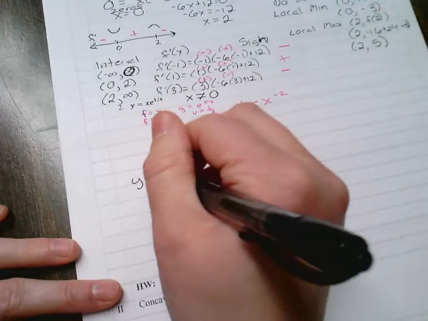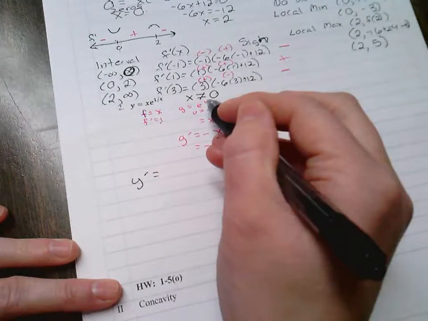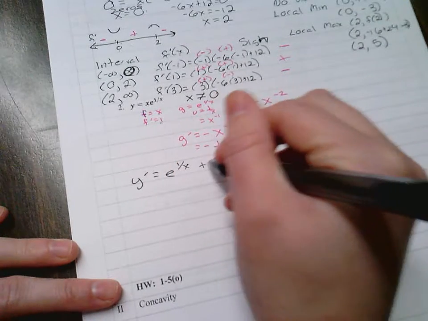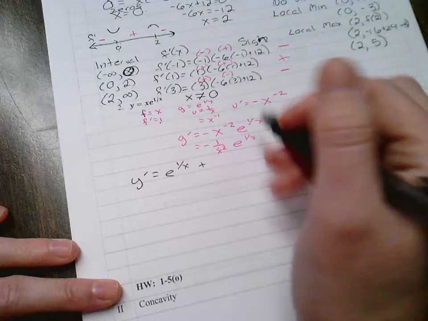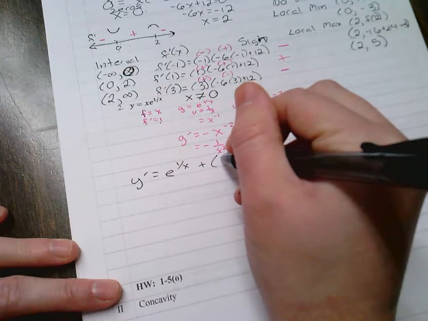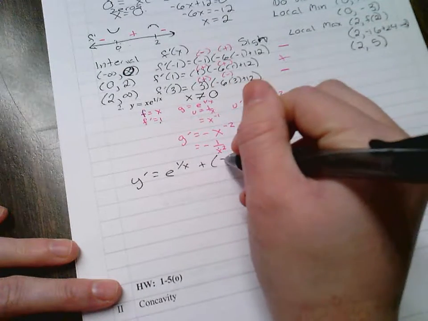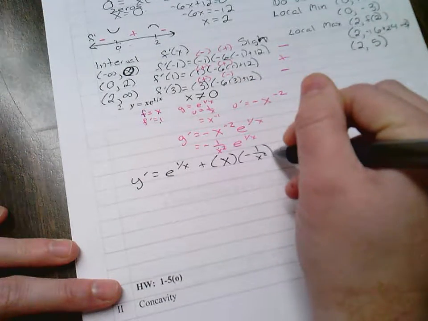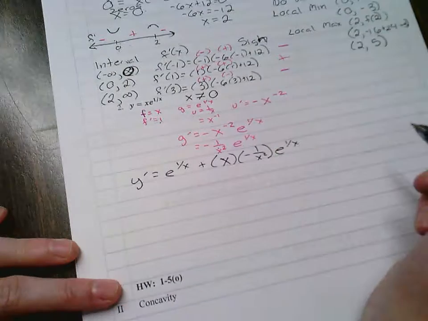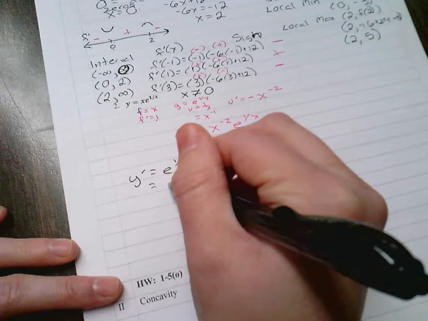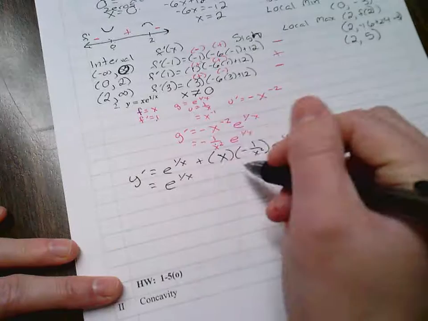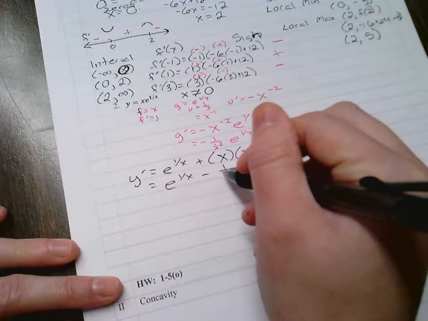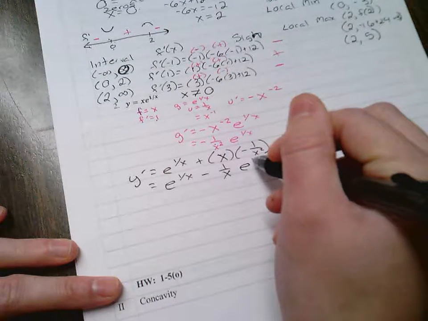So 1 times e to the 1 over x plus g prime times f. So we'll just put x times negative 1 over x squared e to the 1 over x. So e to the 1 over x minus 1 over x e to the 1 over x. Okay?